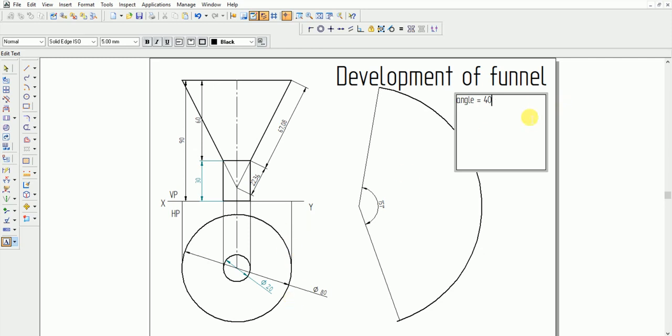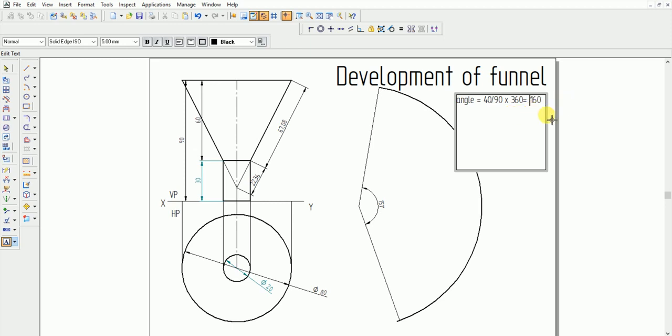It is 40 divided by, we have taken this particular length from this point to this point, that is the lateral height of the cone, 90 mm, using which we have drawn this arc, divided by 90 and multiplied by 360, which would give us approximately 160 degrees.